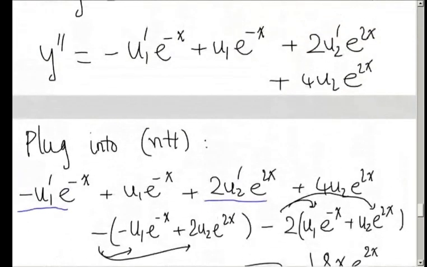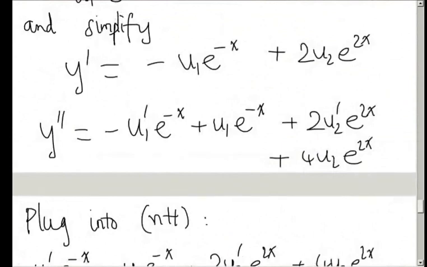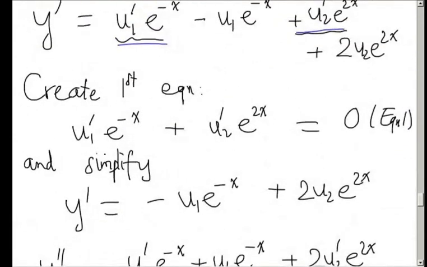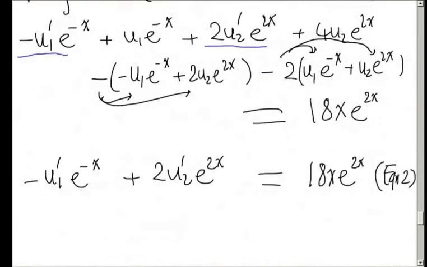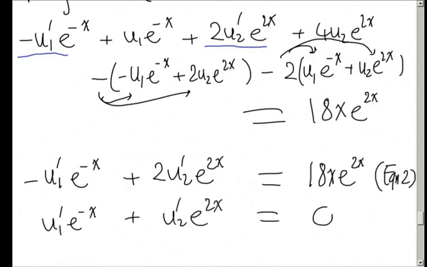Let me rewrite equation 1, which is here: u1 prime e to the negative x plus u2 prime e to the 2x equals 0. That's what equation 1 is.